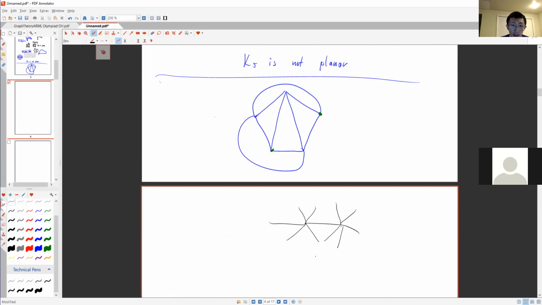If there are 1,000 vertices and 500,000 edges, it's maybe very hard to compute the chromatic number, because there could be lots of graphs with those two properties.